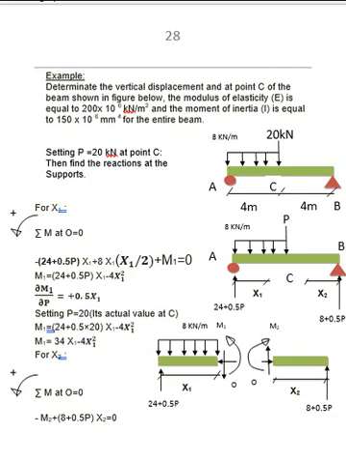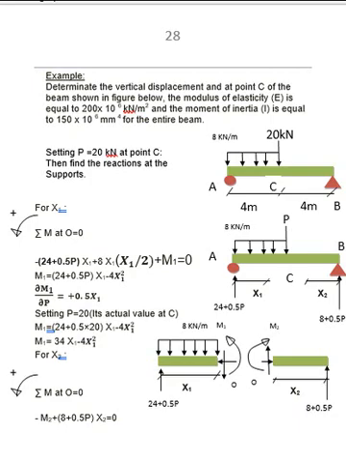Then we will take the partial derivative of M1 with respect to P, and it will be 0.5 x1. Now we set P equal to 20, which is the actual value at C. So M1 will be 34 x1 minus 4 x1 to the power 2.